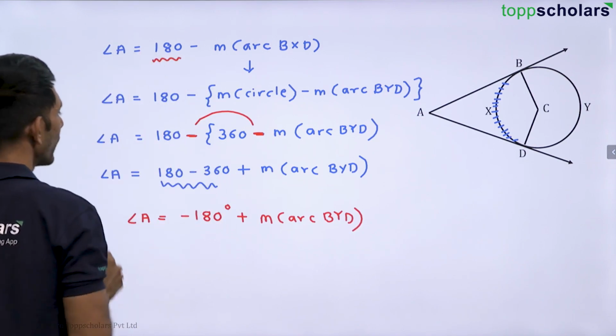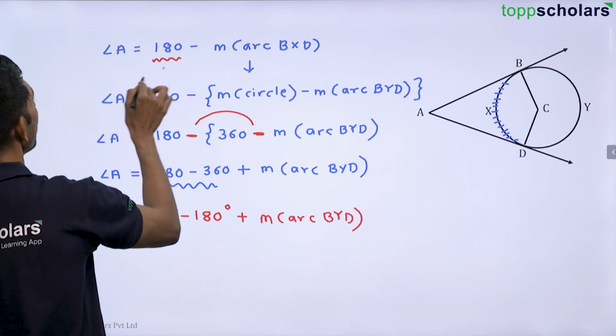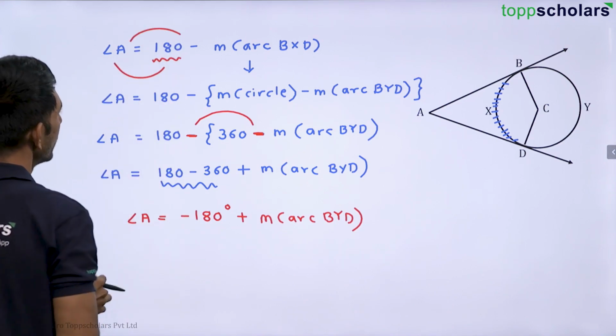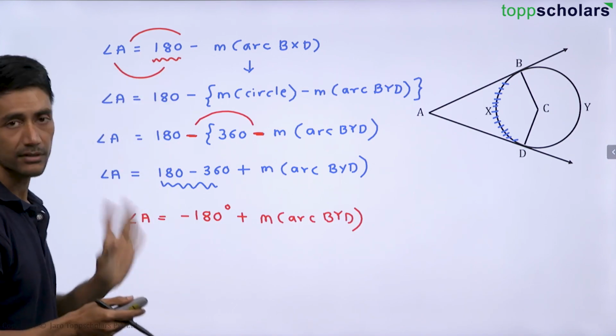Okay, so from here if you see, if I take minus 180, so can I replace minus 180 by minus angle A? See, understand this very carefully. See this step.